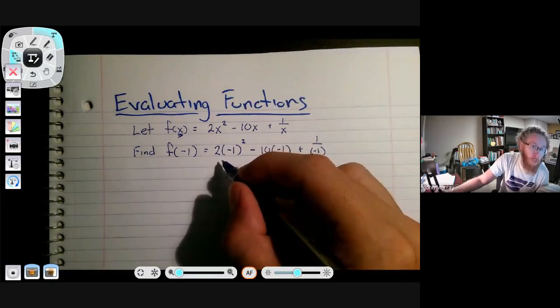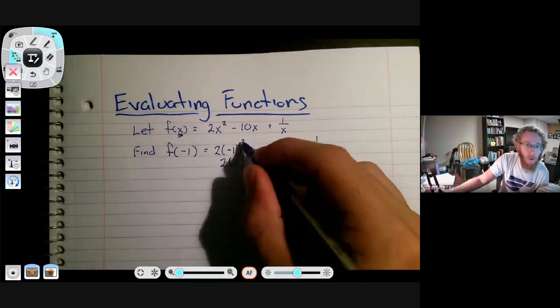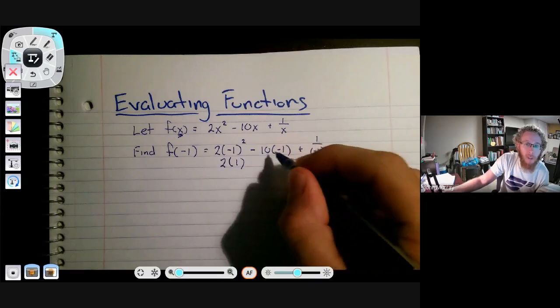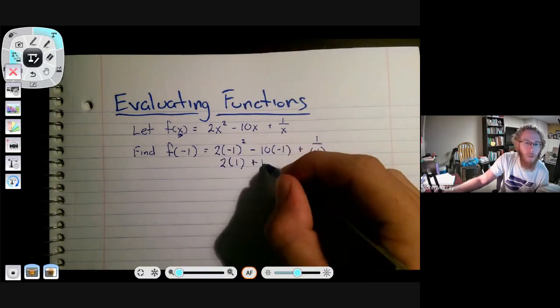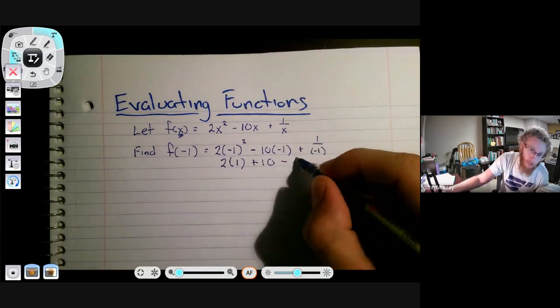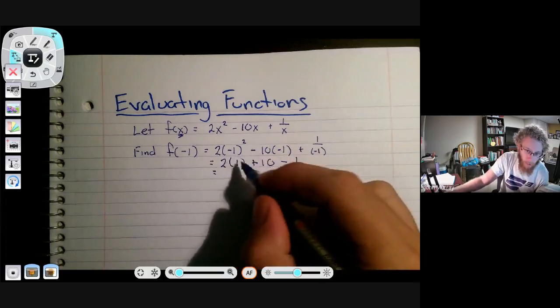Okay, if you feel comfortable, you can skip a few steps. But -1 squared is 1. Okay, -10 times -1, that becomes +10. 1 divided by -1, that's -1. All right. And now we can simplify further.